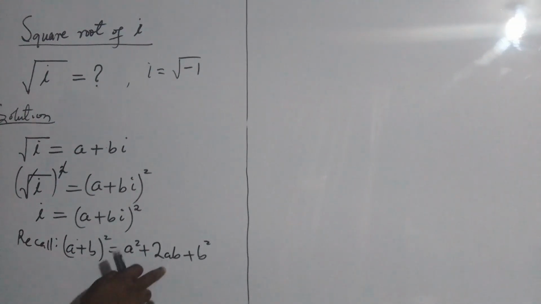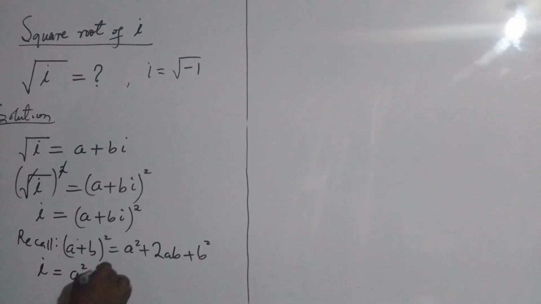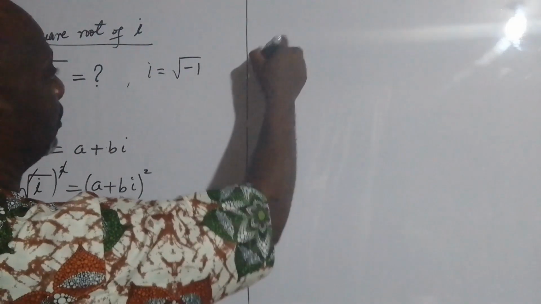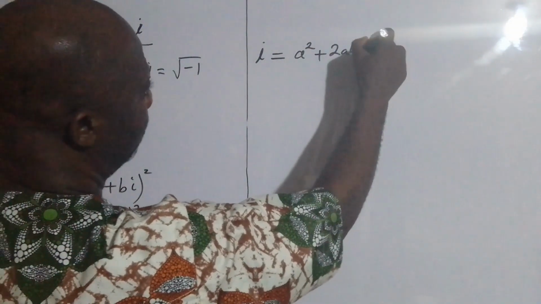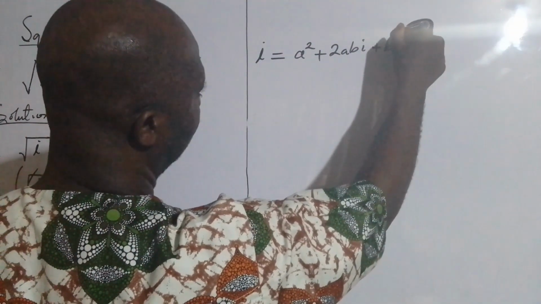Now I'm going to use this identity to expand what we have on the right hand side, and therefore it will simply give me a squared + 2abi + (bi) squared. Taking it further from here, you can say that i is equal to a squared + 2abi + b squared i squared.